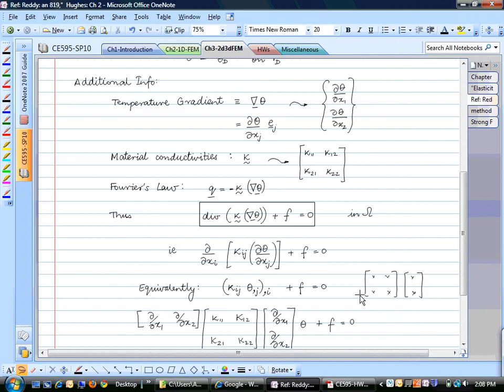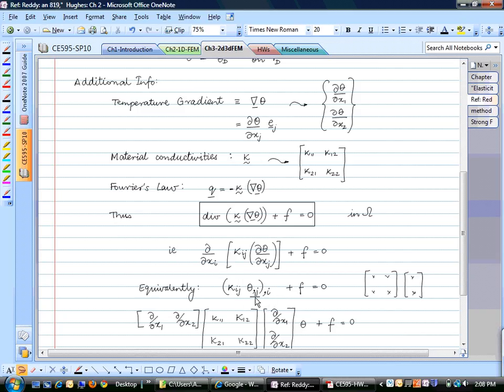Then you take this whole quantity and take its derivative with respect to i. And wherever you have a double index, you are going to sum up these quantities for i equal to 1 and 2, j equal to 1 and 2. So you have to consider all possible combinations of this.